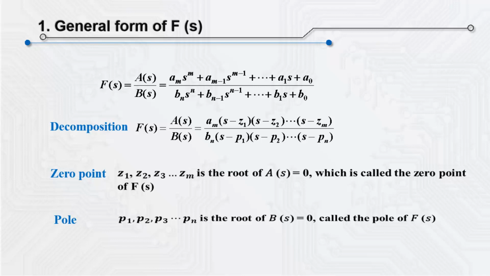We call them the zeros of F(s). p1, p2, pn are the roots of B(s) equal to 0. We call them the poles of F(s).